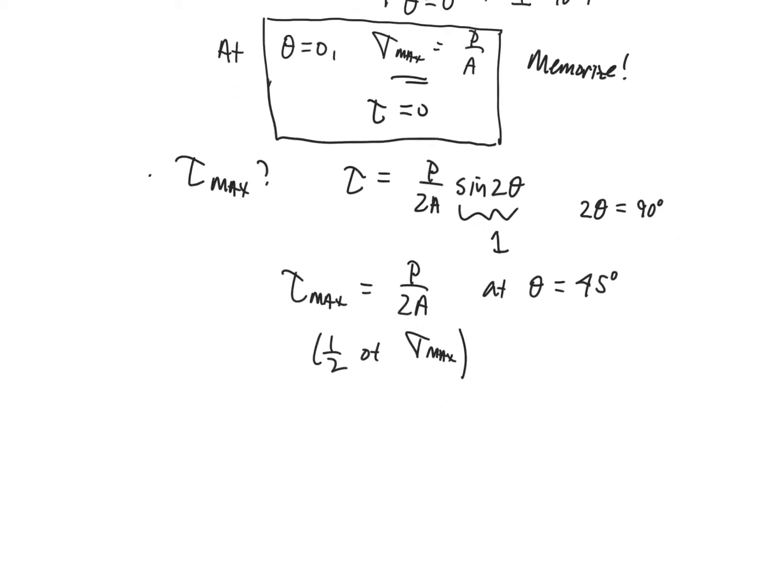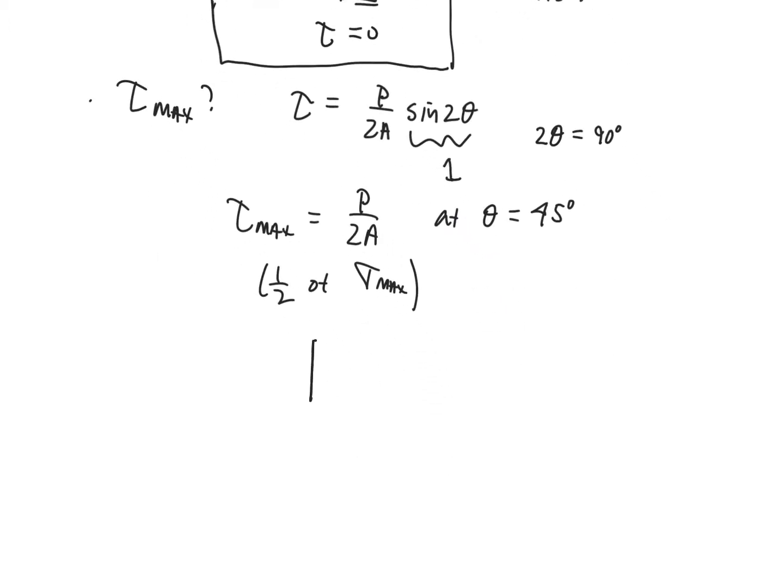So in other words, if I take a cut and go at 45 degrees, like so, then we know we're going to hit the maximum value of shear. But what is sigma? Let me rewrite it. Sigma is P over 2A times 1 plus the cosine of 2 theta.